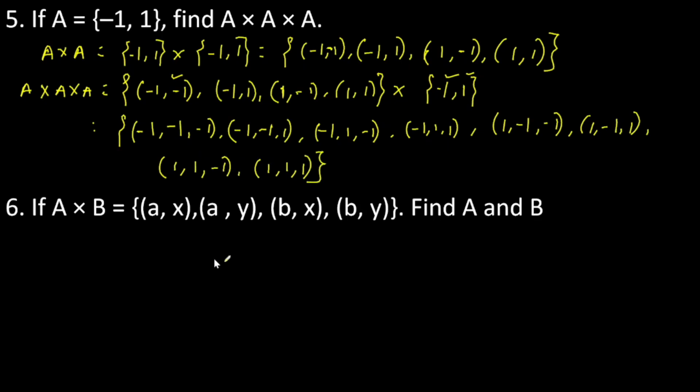These are the elements of A cross A cross A, and they are called ordered triplets.